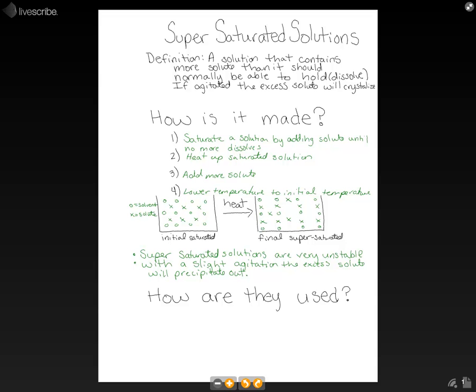And one interesting thing about supersaturated solutions is how they are used. They're used in many ways, but you don't always think about it.